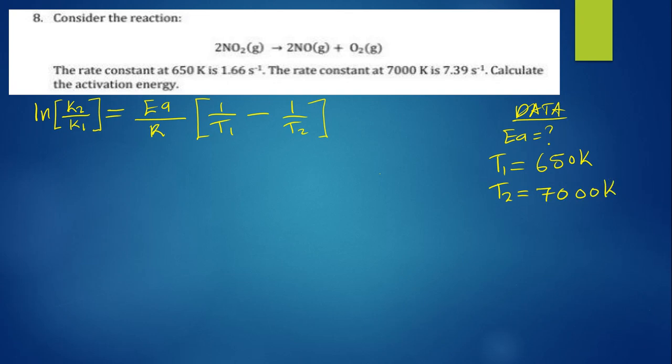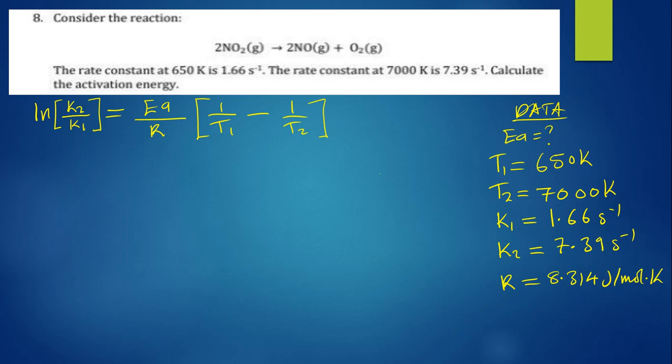The rate constant at the initial temperature, which is K1, is 1.66 per second, like that. And the rate constant at the final temperature, which is K2, is 7.39 per second. And then we need to know the gas constant R, which is 8.314 joule per mole per Kelvin.